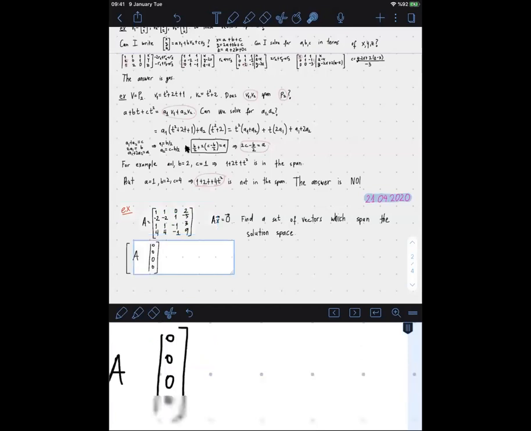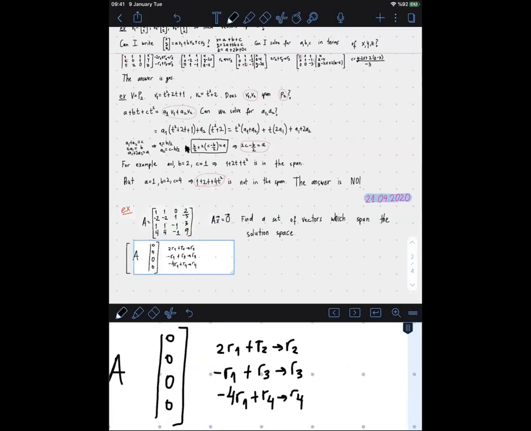Let me write it: 2 row 1 plus row 2 to row 2, minus row 1 plus row 3 to row 3, and minus 4 row 1 plus row 4 to row 4.